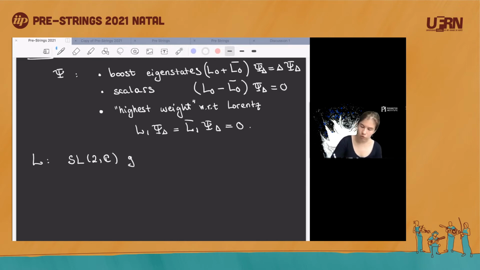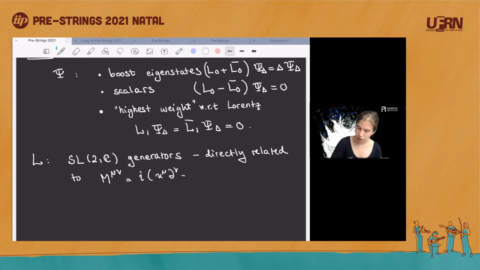They are SL(2,C) generators, which are directly related to the Lorentz generators M_mu nu, which one can take to be i(x_mu d_nu minus x_nu d_mu). So these can be unfolded into rotations, so 3 rotations and 3 boosts.